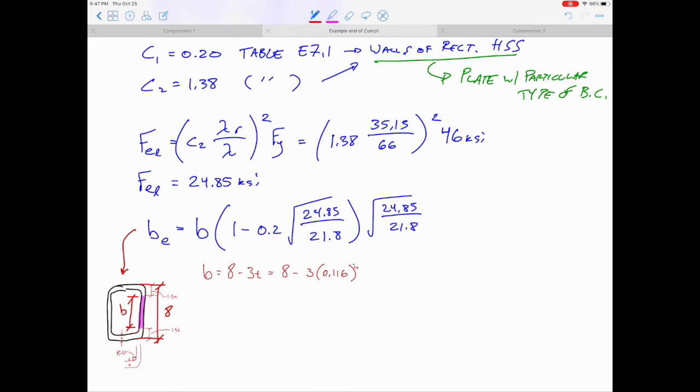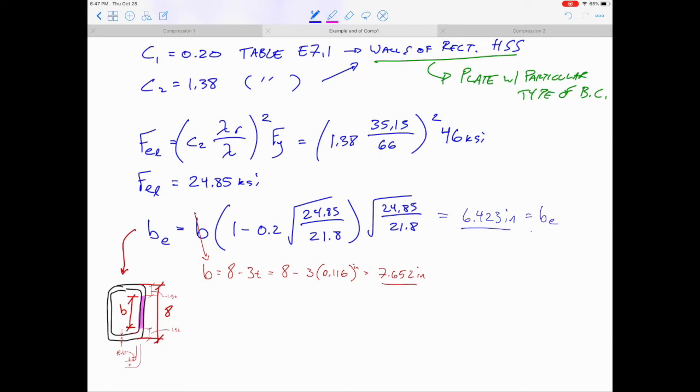This is in inches. I get 652 inches, and I'm going to plug that in here. Okay, now I have all this and I can complete the story. I should get 6.423 inches. So this is my B effective.